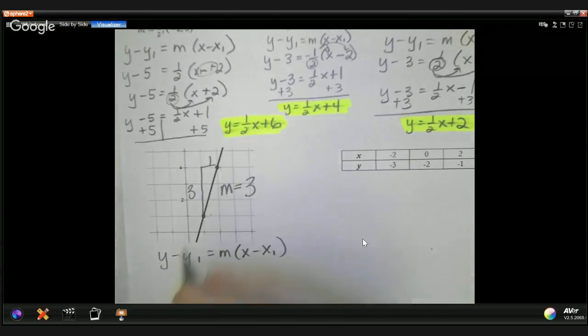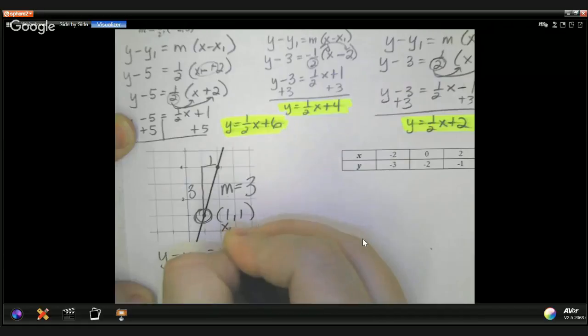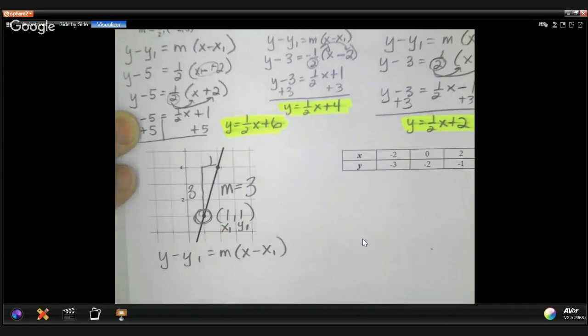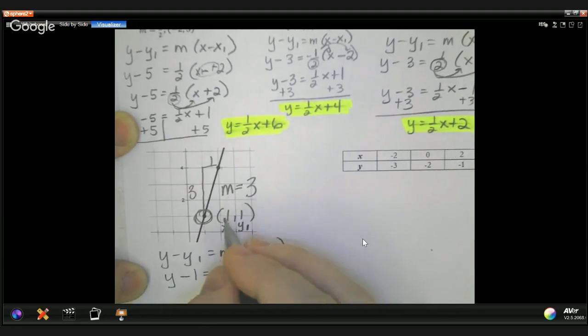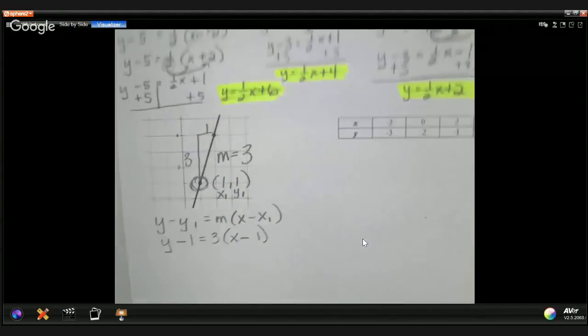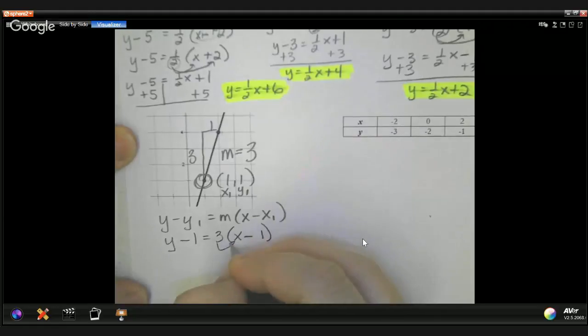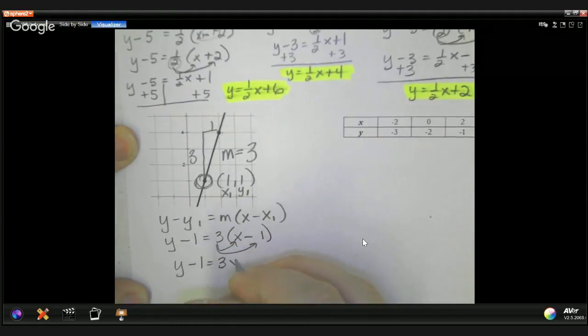Okay? I'm going to pick the point on the left, which is 1, 1, which is x1, y1. And so it'll be y minus 1 equals my m of 3 times x minus x1, which is 1. I can go ahead and distribute my 3. So I get y minus 1 equals 3x minus 3.